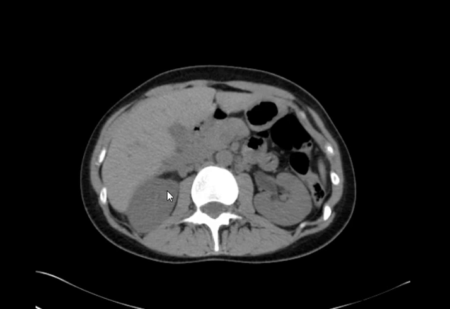Megaureter, when we have vesicoureteric reflux, you will have a large megaureter, which we don't have here. So this is just accidentally diagnosed PUJ stenosis.